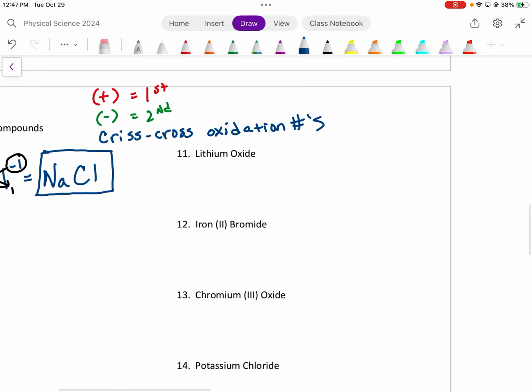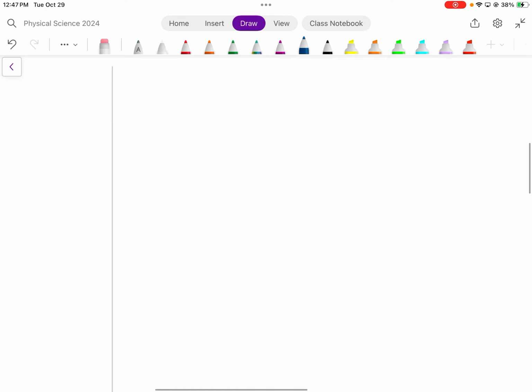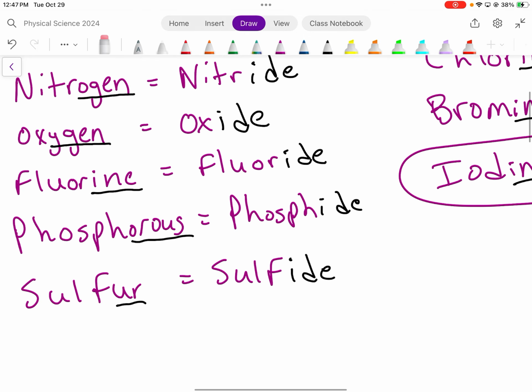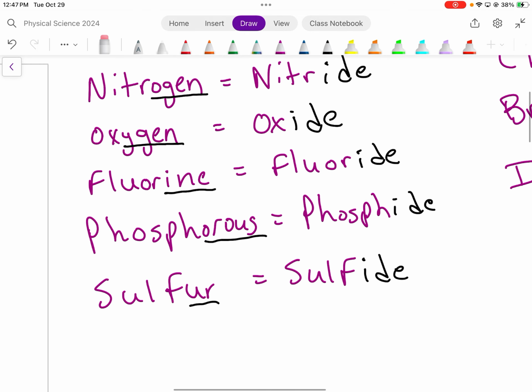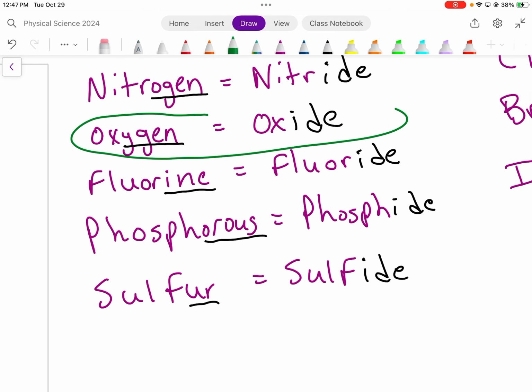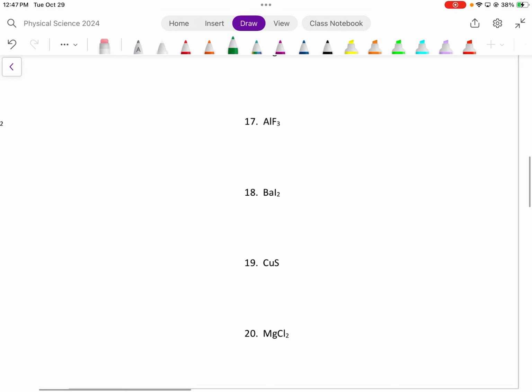I'll slide over. Let's take a look at number 11. Lithium oxide. Same as before, I need to go get lithium's symbol and oxidation number. And oxide, remember there's no element called oxide. Remember that element is actually right here. We're looking for oxygen. We had to change the ending for it.